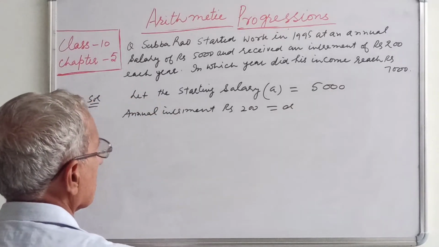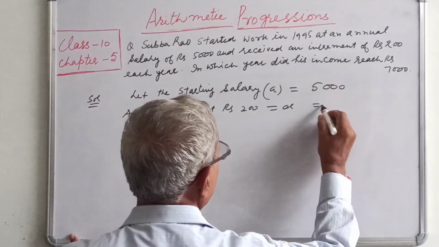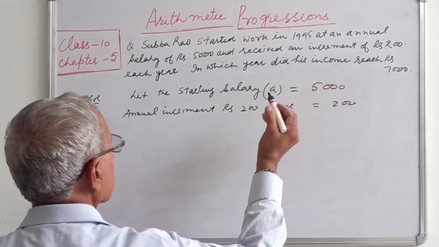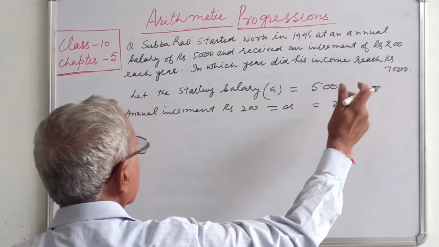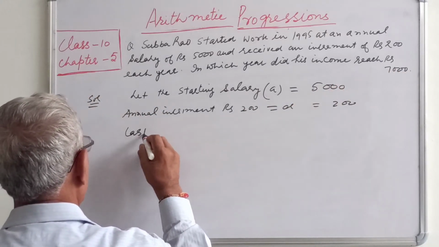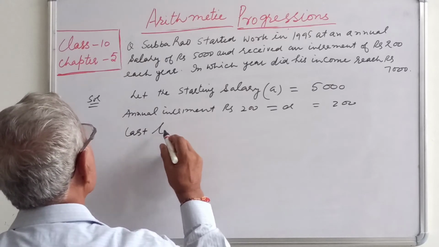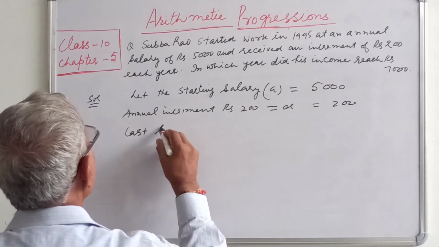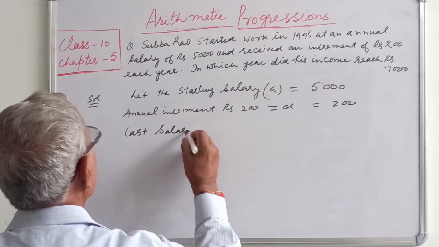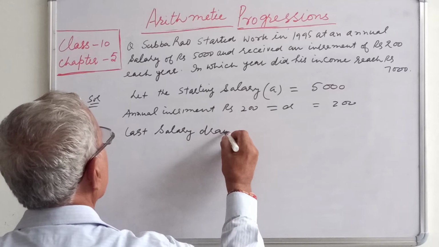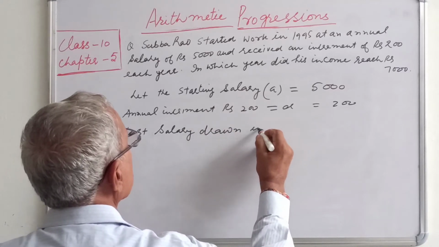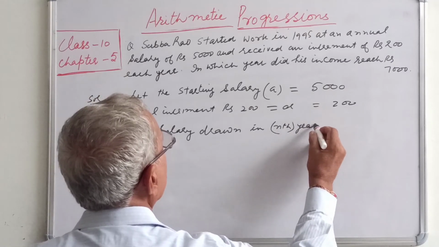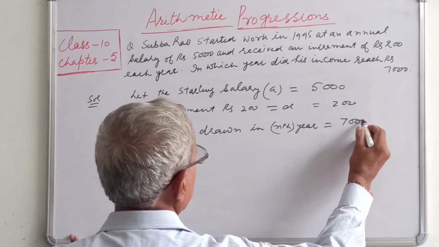So D will be taken as rupees 200 and the AN, the last salary drawn in the nth year, rupees 7,000.